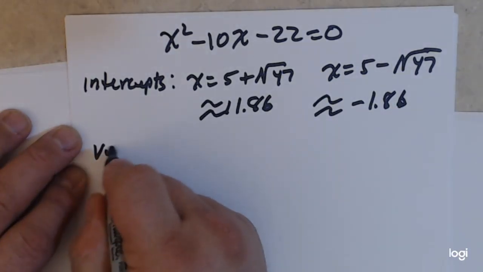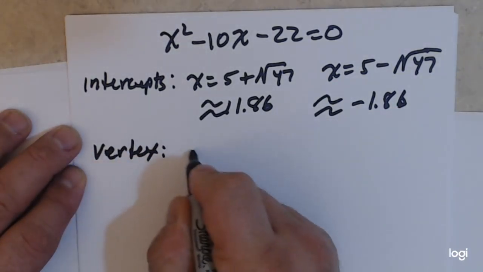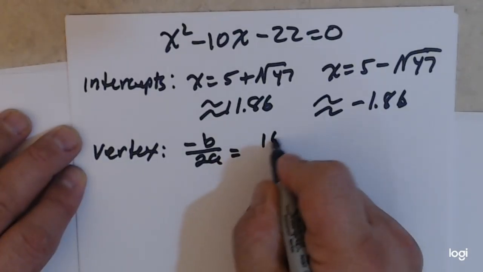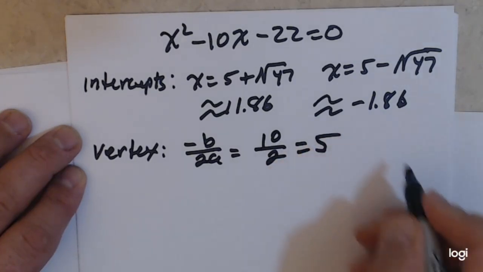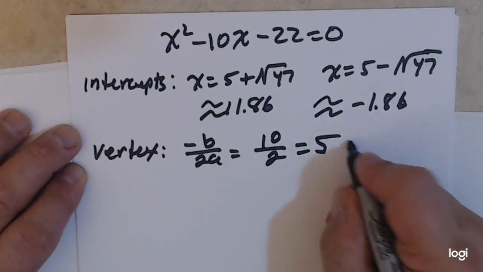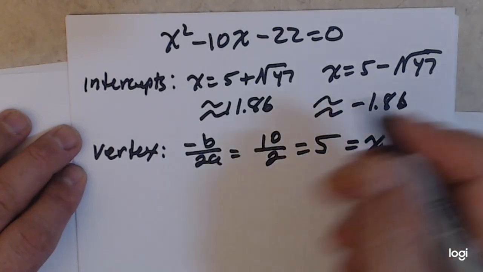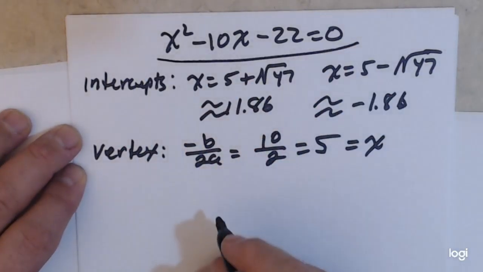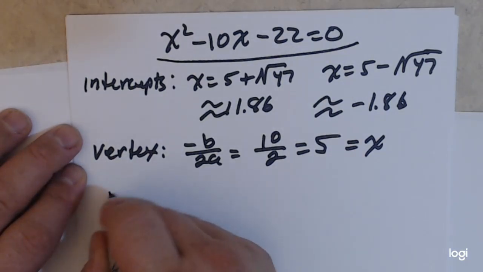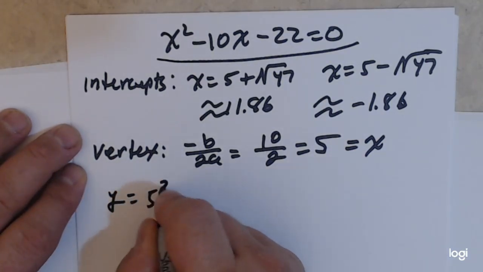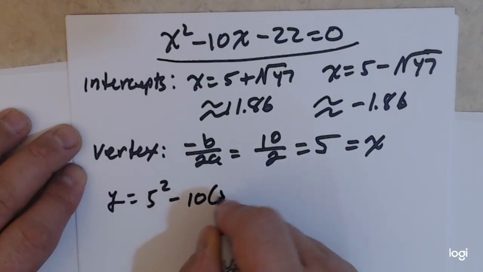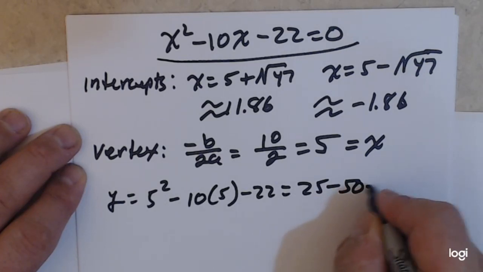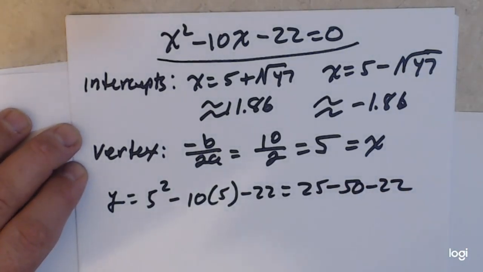Now the vertex is negative b over 2a, which is 10 over 2, which is 5, and that's for x. Now if we plug 5 back into the original equation, we'll get our value for y. So y is equal to 5 squared minus 10 times 5 minus 22, which is 25 minus 50 minus 22.